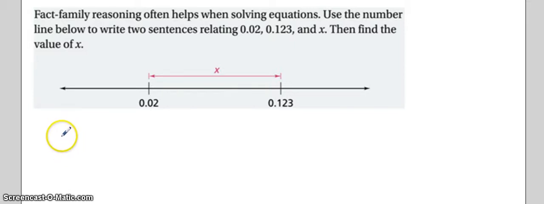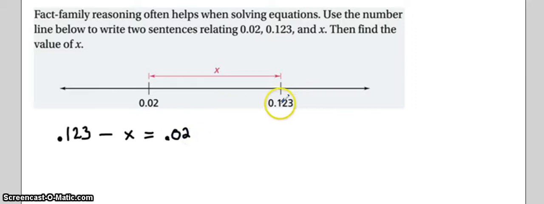So we could start with the larger of the two numbers, 0.123, subtracting x equals 0.02. Because if we start here and we subtracted the value of x, we would finish here. So if we start here and we subtracted all of this, we would wind up at 2 hundredths.